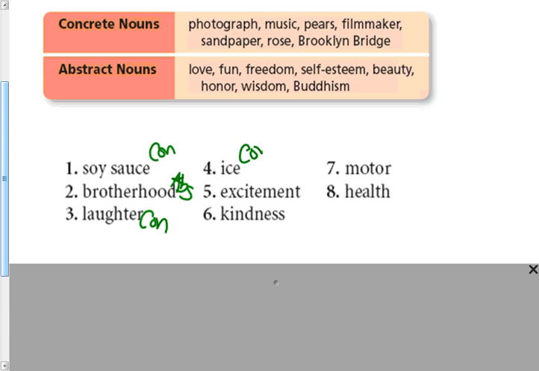Ice, concrete. Excitement, abstract. Kindness, abstract. Motor, concrete. And finally, health. It's abstract because it's not literally something that I can see or taste or touch.